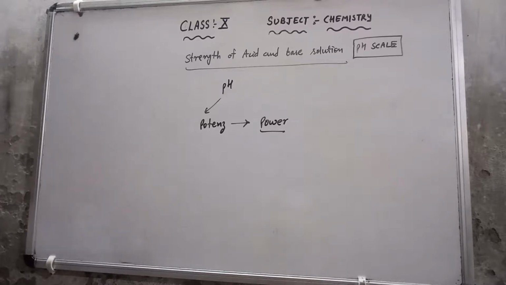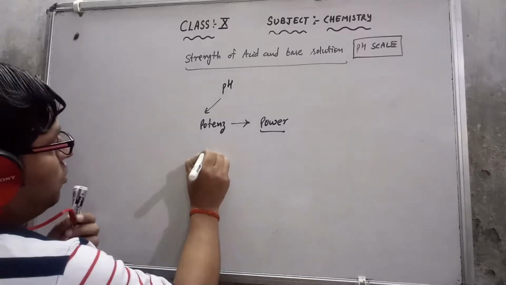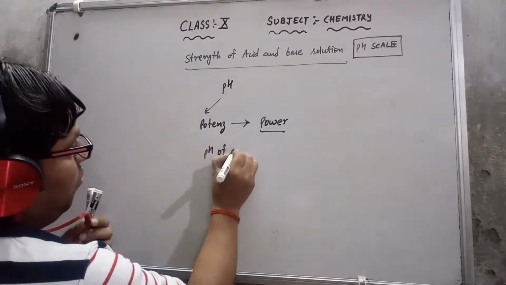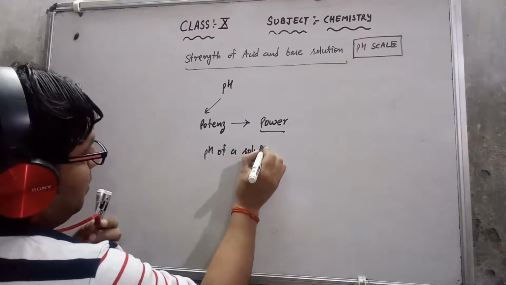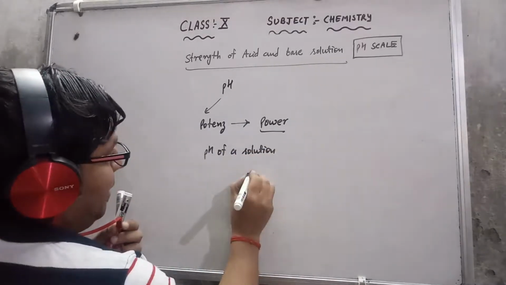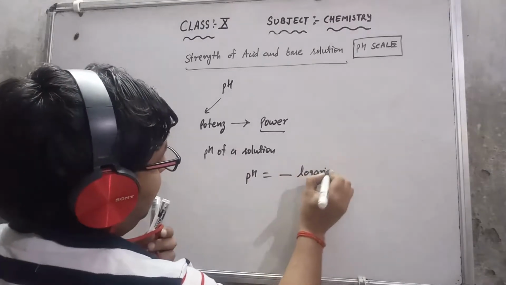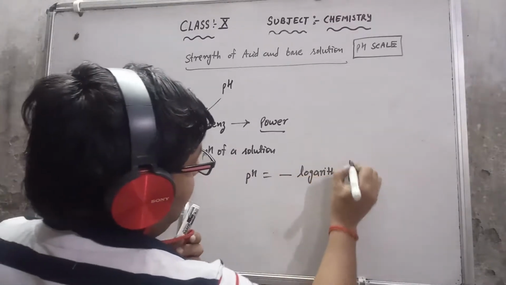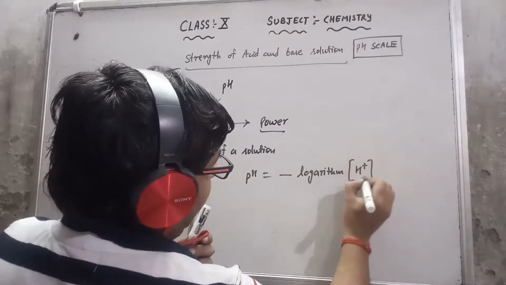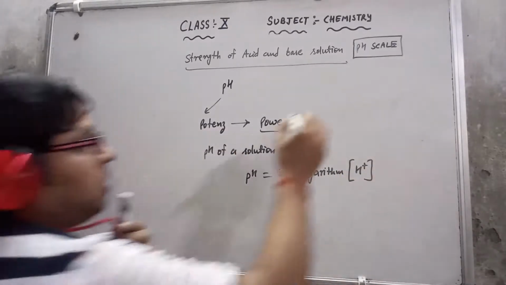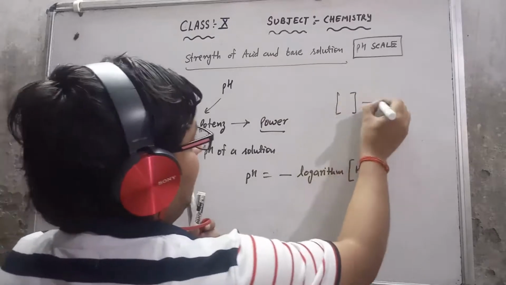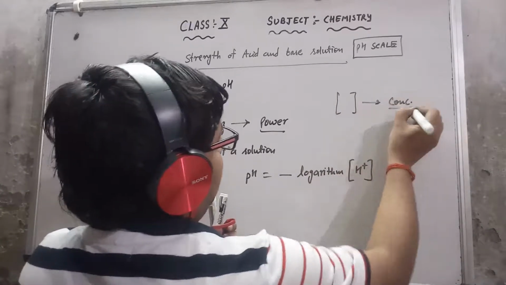That is the very simple definition, but I am going to discuss the other definition of pH. Now, what is the pH of a solution? pH equals negative logarithm of hydrogen ion concentration. The big bracket indicates the sign of concentration.